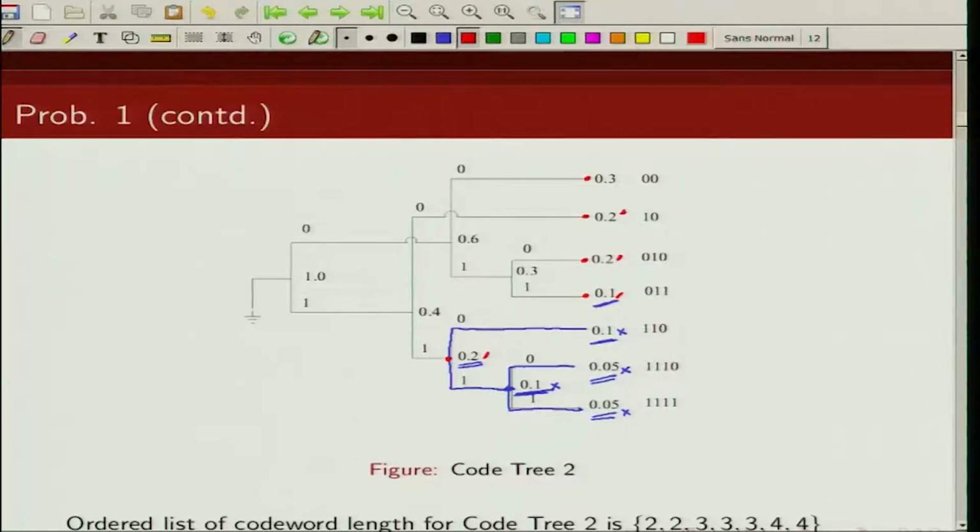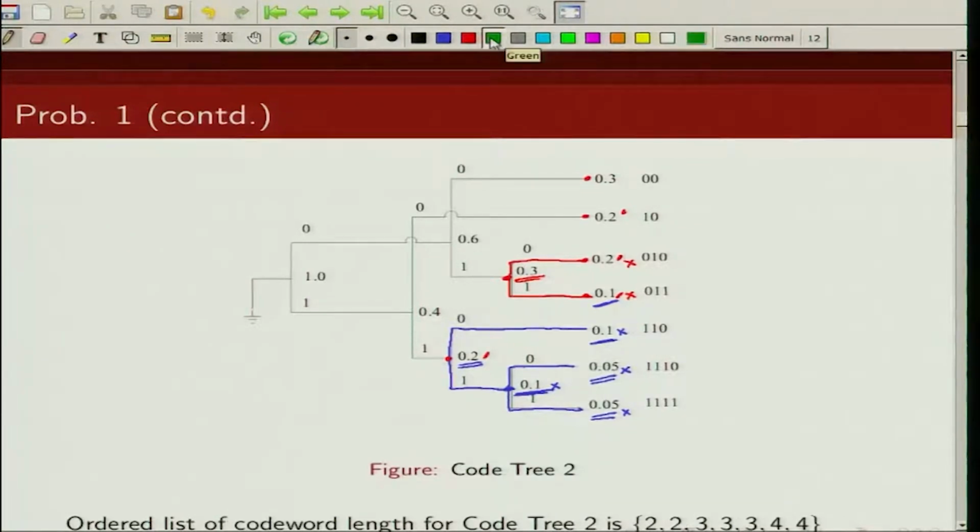So we have to combine this leaf, which has probability 0.1, with any of these nodes which has probability 0.2. Let's say we combine these 2, we get a new node which has probability 0.3, and we deactivate these two.